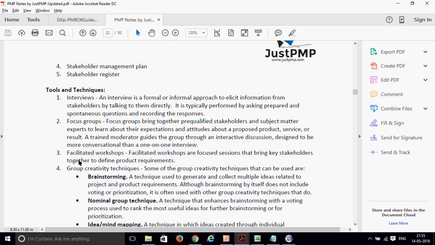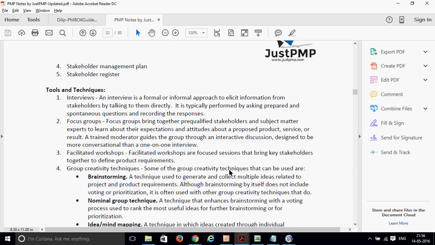Okay. The third thing is a facilitated workshop. A facilitated workshop is a focus session that brings key stakeholders together to define the product requirement. The facilitated workshop is itself one of the focus groups, because you bring people together and discuss with them.